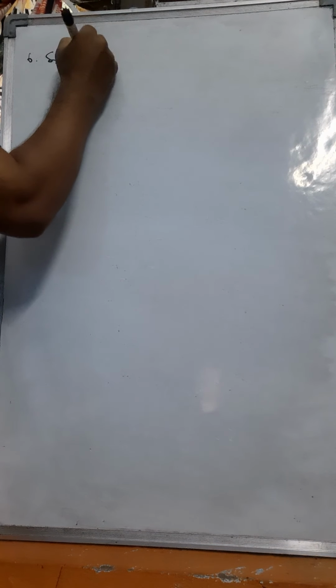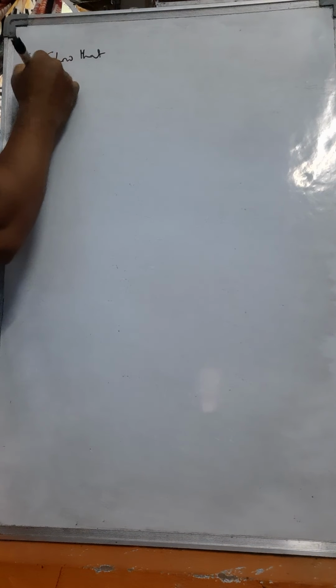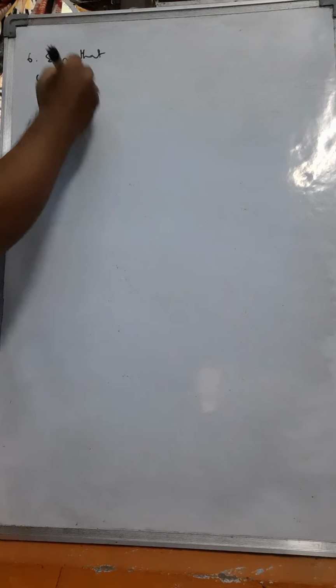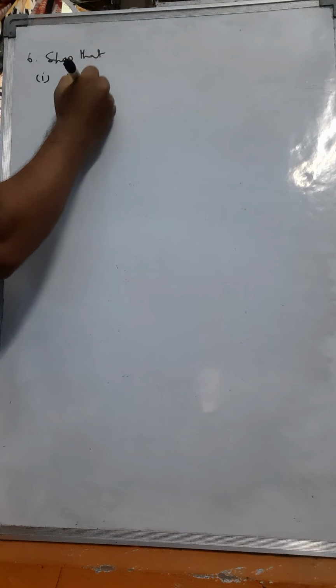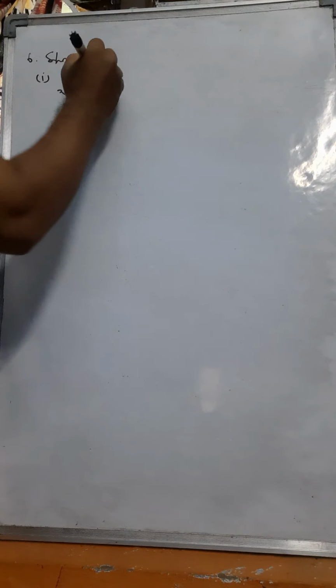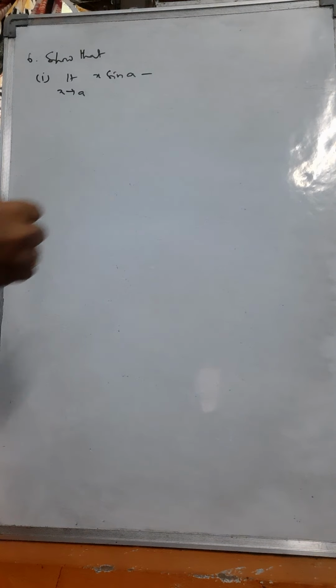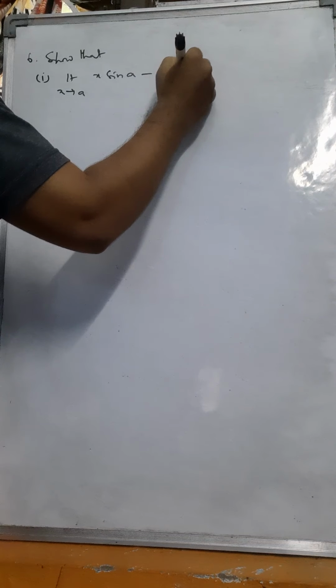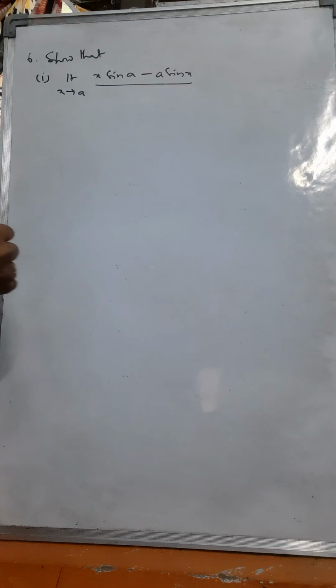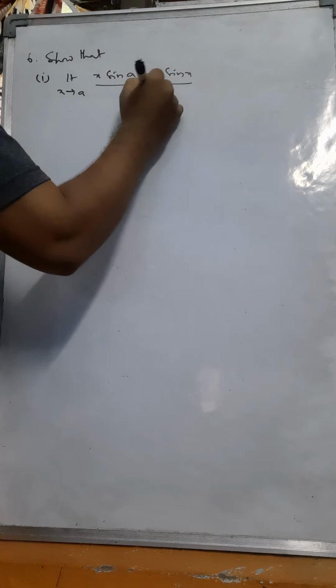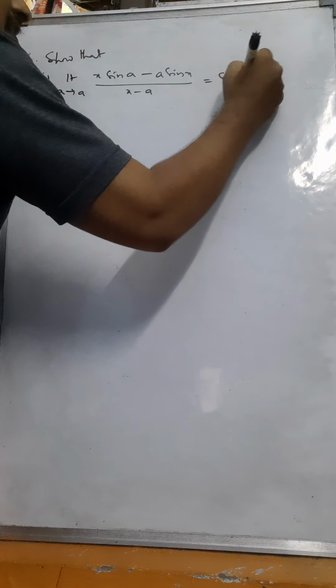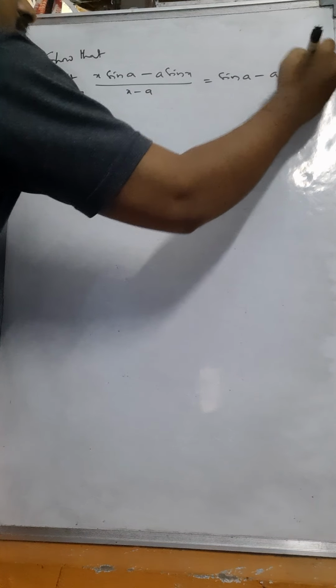So next, the sixth one. Show that, first problem, limit x tends to a of (x sin a minus a sin x) by (x minus a) is equal to sin a minus a cos a.